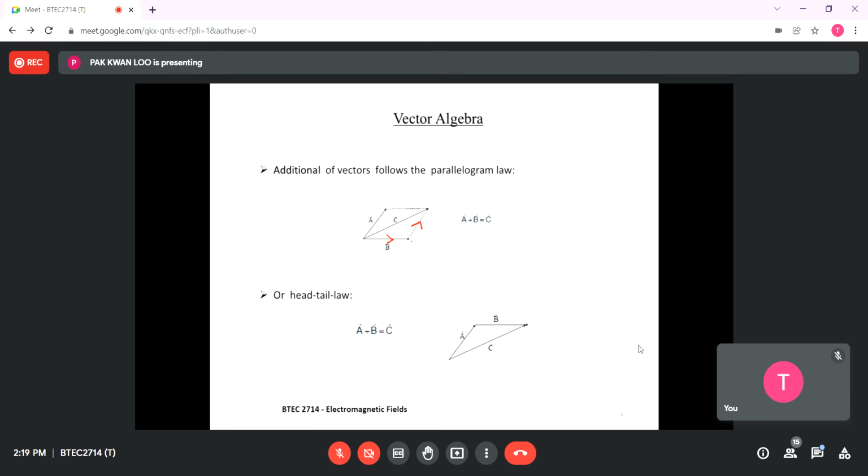The head of vector B, which represents the end of the vector, points to the beginning of vector A. So this forms a triangle, and we say that A plus B or B plus A is equal to C. This is the vector addition.